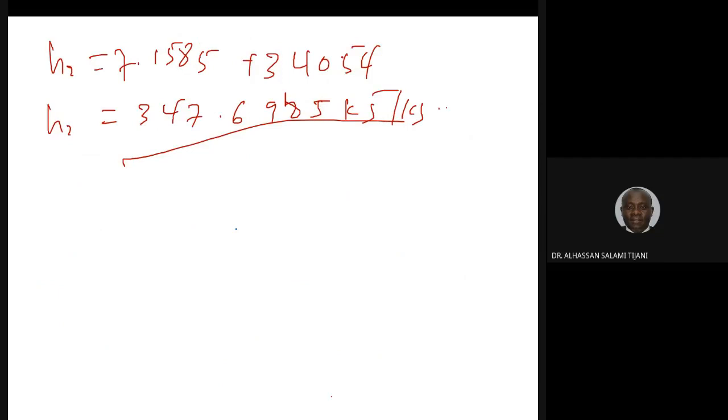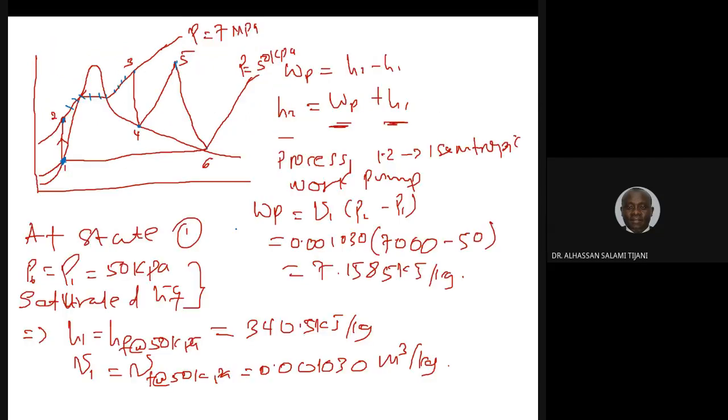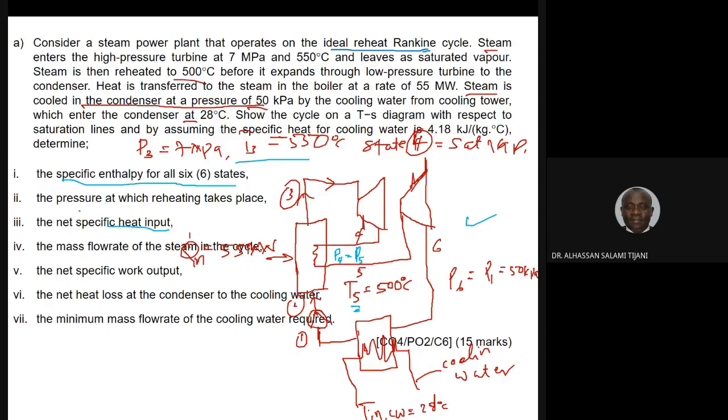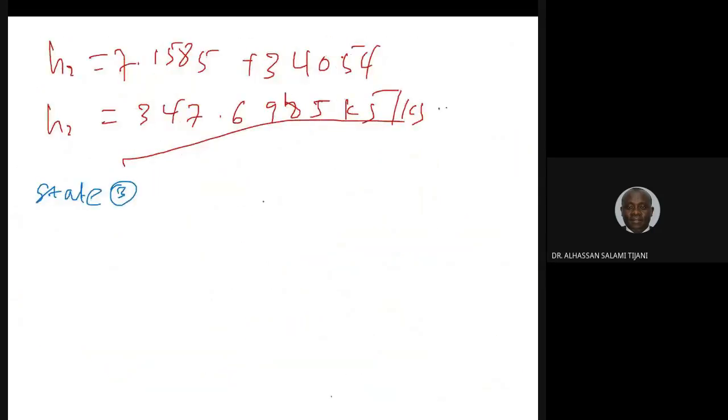Now we have already determined H2. Now we need to find H3. So first we need to look at state 3. What are the properties of the fluid at state 3? We are told at state 3, P equals 7 megapascal and T equals 500 degrees Celsius. These are the two properties of the fluid which are necessary to determine all other properties. So P equals 7 megapascal, which is 7000 kilopascal.